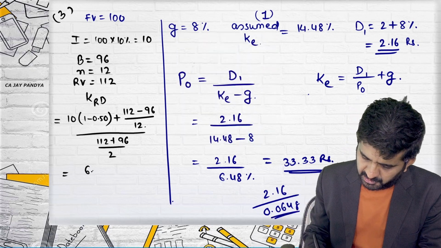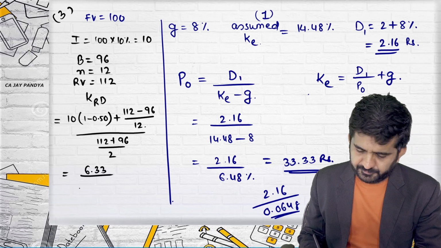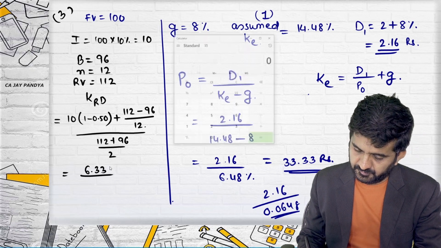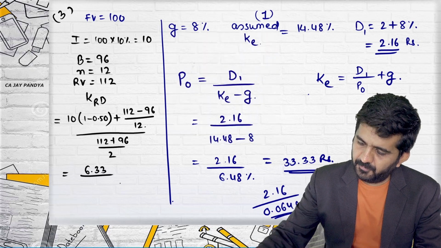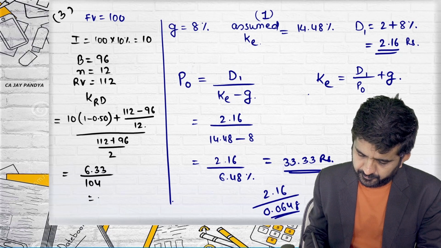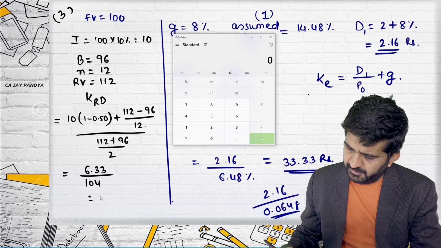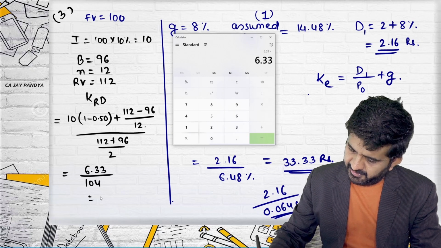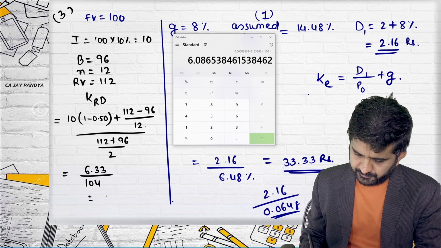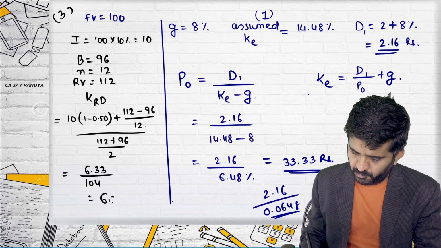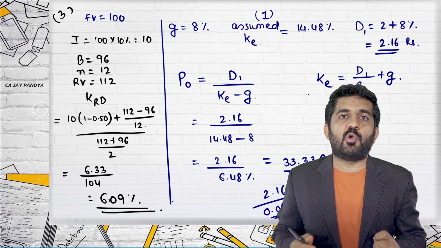So 6.33 is the numerator. The denominator is 104. This will be 6.33 divided by 104 multiplied by 100, that is 6.08%, which is nothing but the cost of debentures.